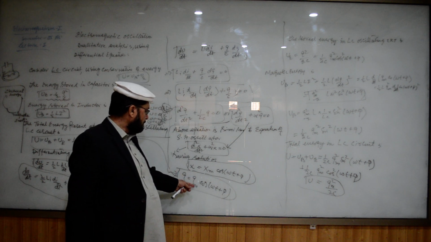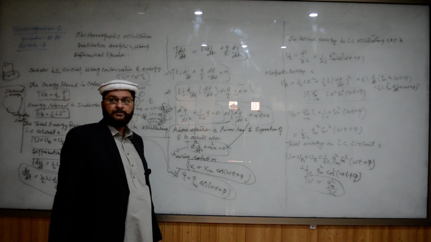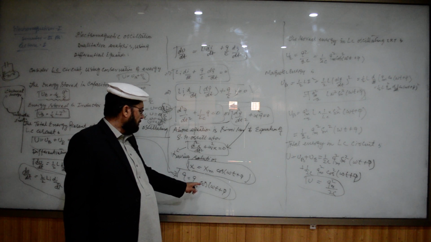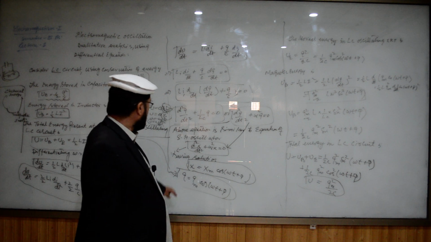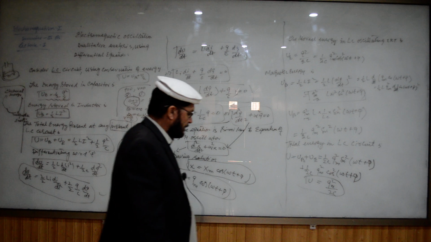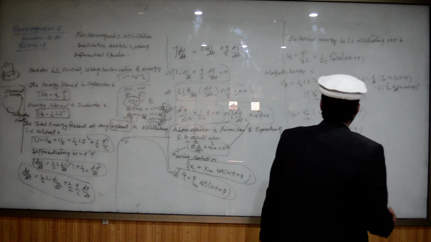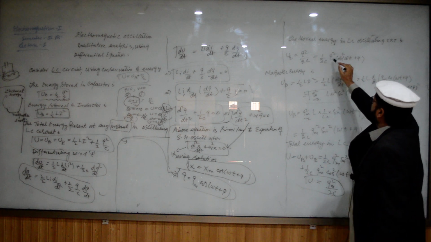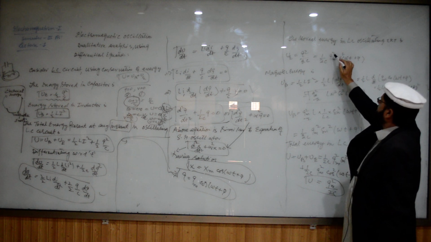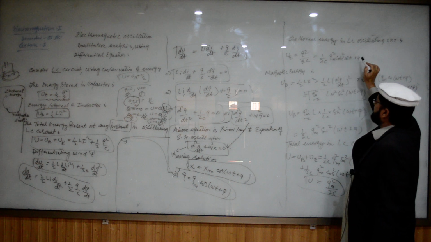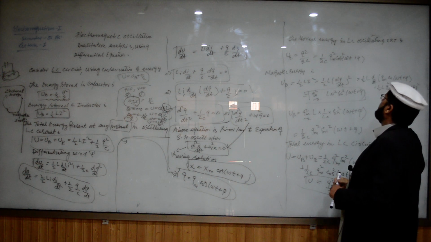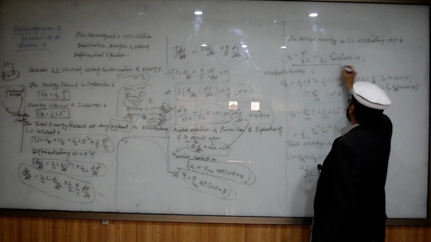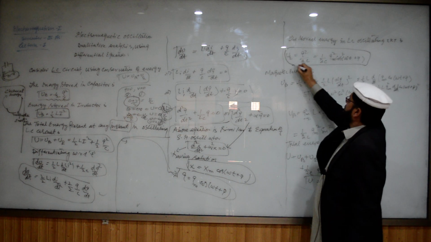Q is equal to Qm cos omega t plus phi. Putting this value in this equation, 1 by 2 C, Qm square cos square omega t plus phi. This is the electrical energy, the energy stored in the electric field.